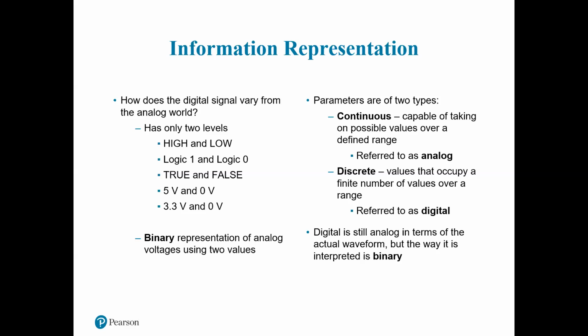So what does this mean, being interpreted as binary? Binary means there are two values. So a waveform is interpreted as a high or a low, or logic 1 or logic 0, or true and false, or 5 volts or 0 volts, 3.3 volts, 0 volts. The list only includes two values, so it's a binary representation of the analog voltage.